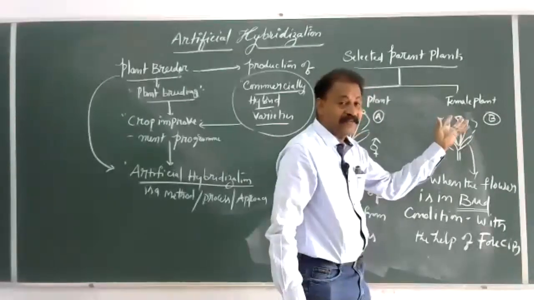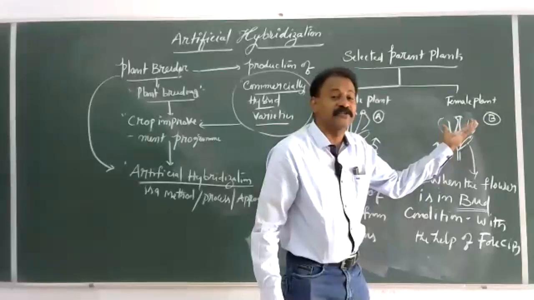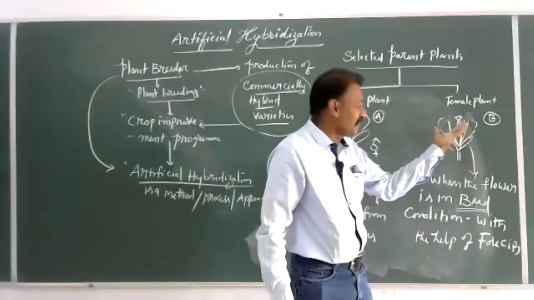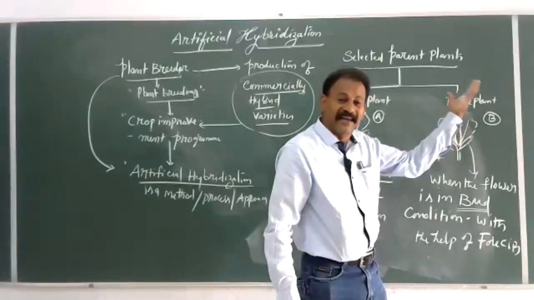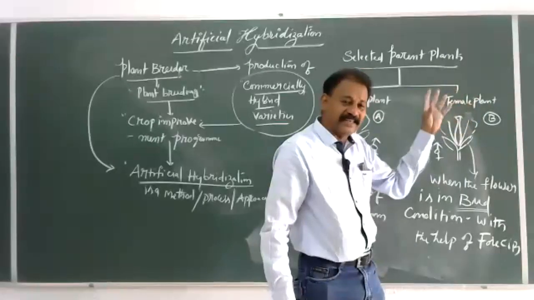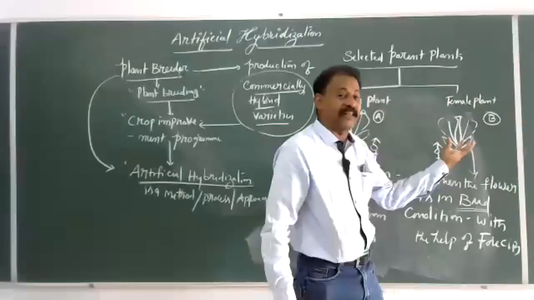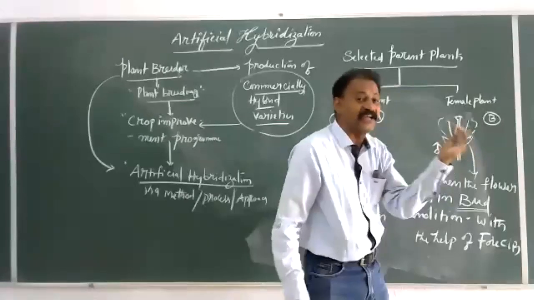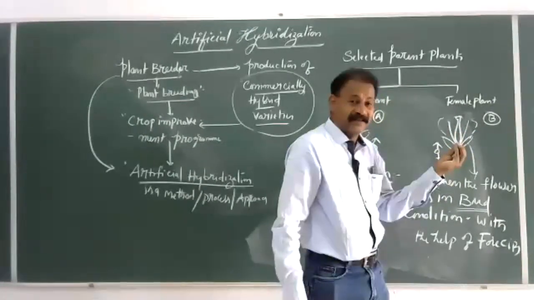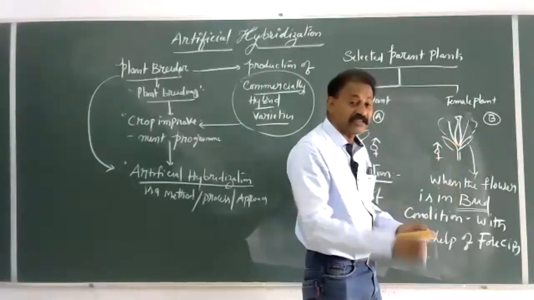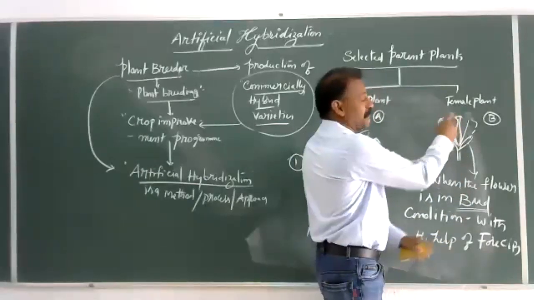As and when the flower opens, after some time the anthers become mature and release pollen grains. So before the maturity or release of pollen grains, when the flower is in bud condition, we want to stop self-pollination.